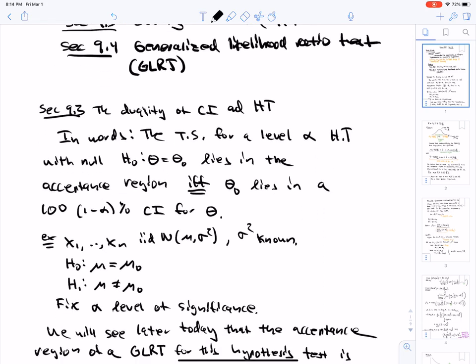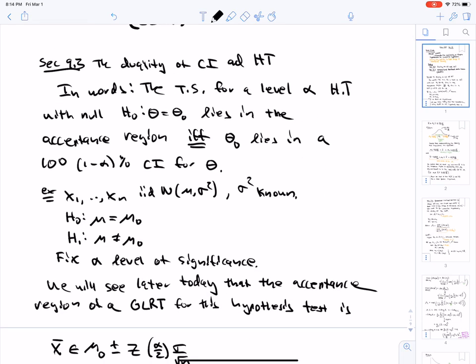So to see an example of this, say that x1, ..., xn are IID normal mu, sigma squared, where sigma squared is known. So the null is that mu is mu 0, and the alternative is that mu is not mu 0.